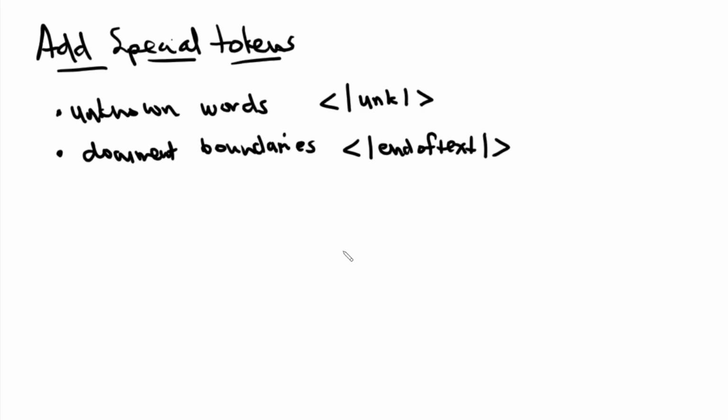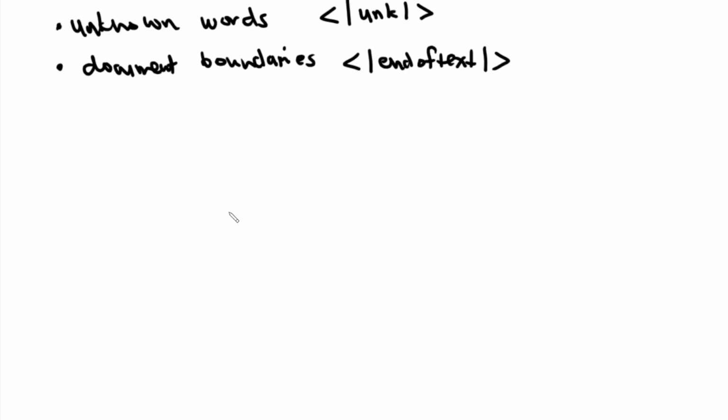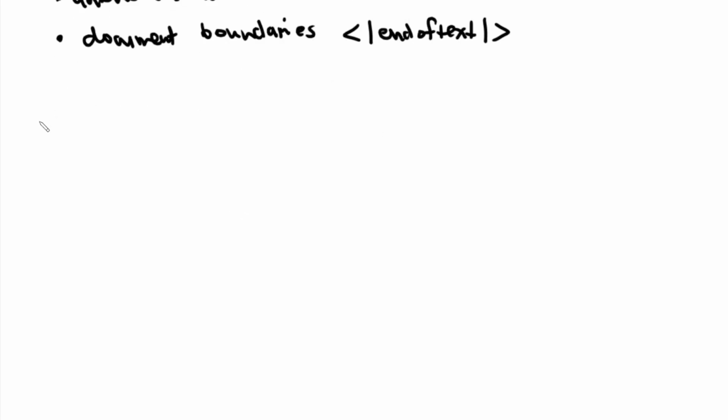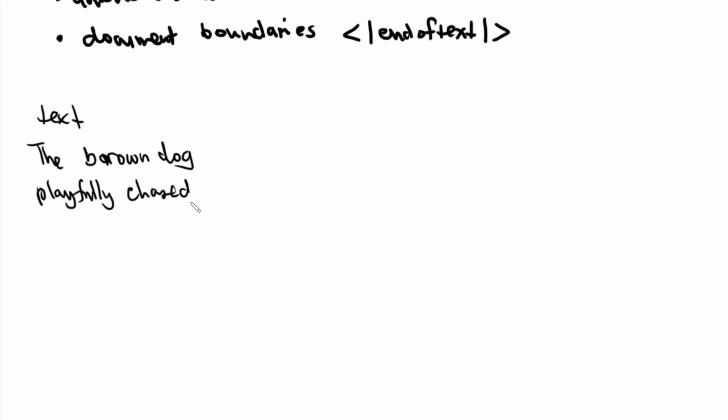End of text token. So what that then means is, I did say when we had that sample text, we had a simple text like this: the brown dog, the brown dog playfully chased the stuff fox.